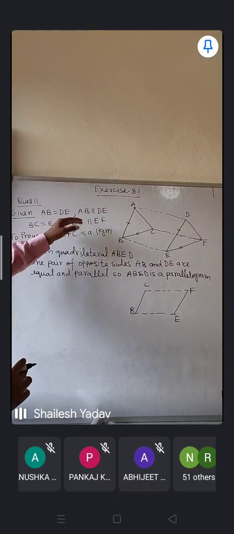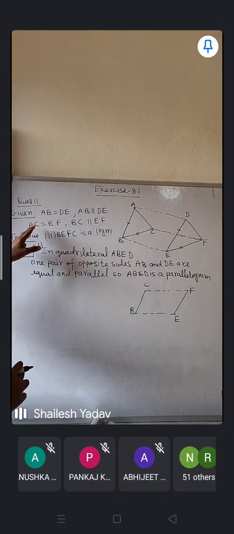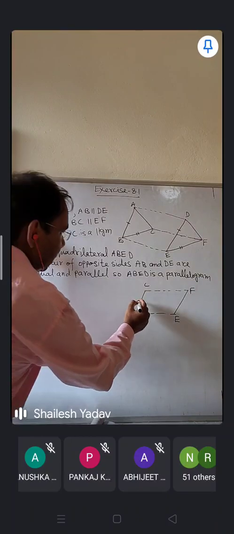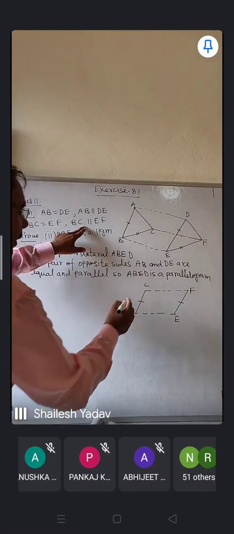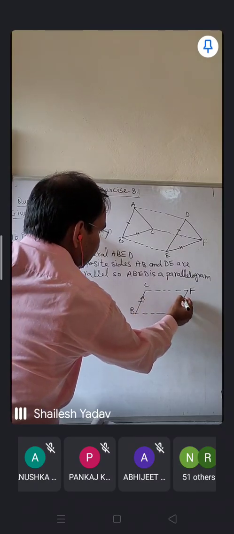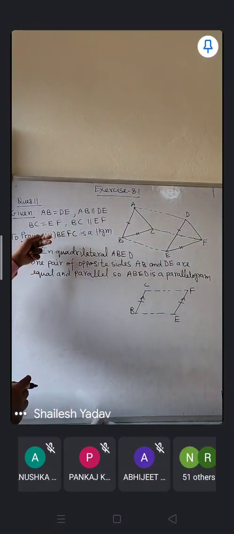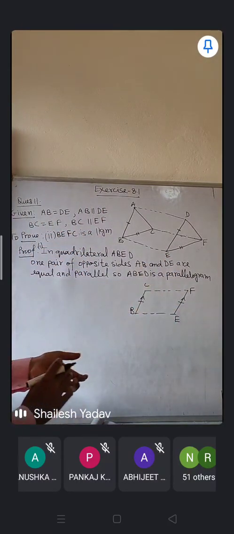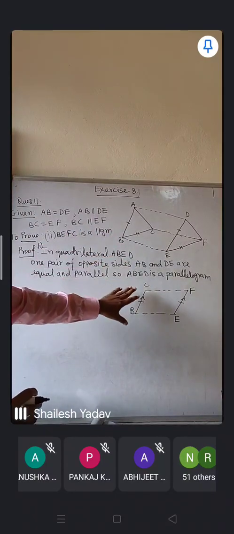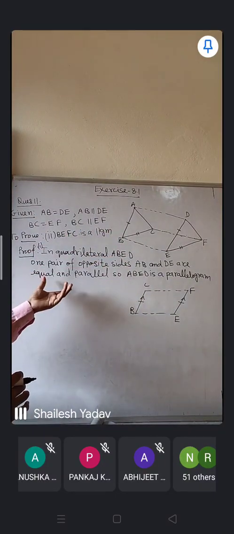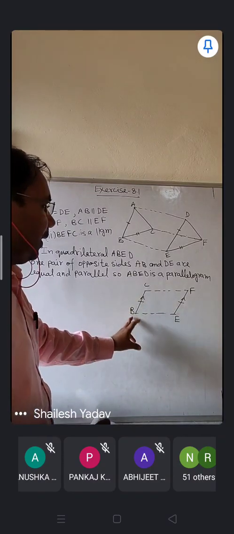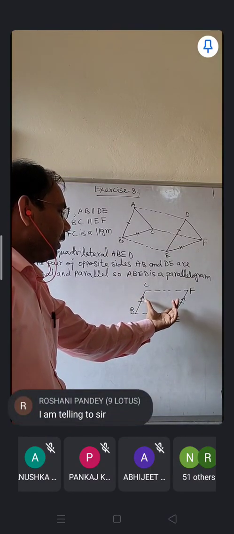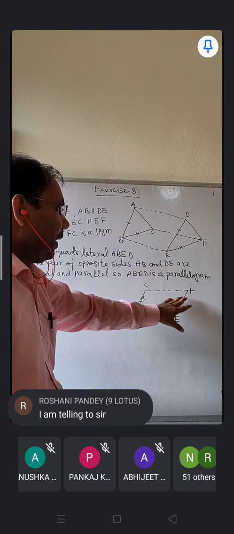In the question, in the second part, it is given that BC equal to EF, and it is also given that BC parallel to EF. So again it follows the same condition as in the first one. If in a quadrilateral one pair of opposite sides is equal and parallel, then it will be a parallelogram.